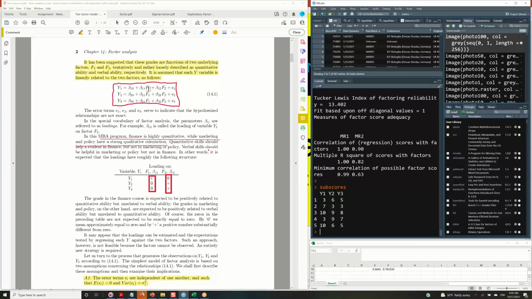In this case, I'm assuming only 2 factors. I cannot have too many factors, because the maximum can be only 3 factors: finance, marketing, and policy. A good construction is either 1 factor or 2 factors.